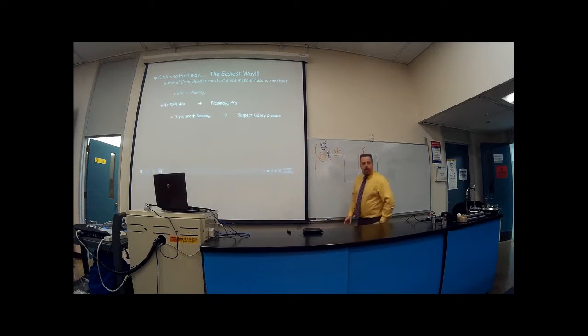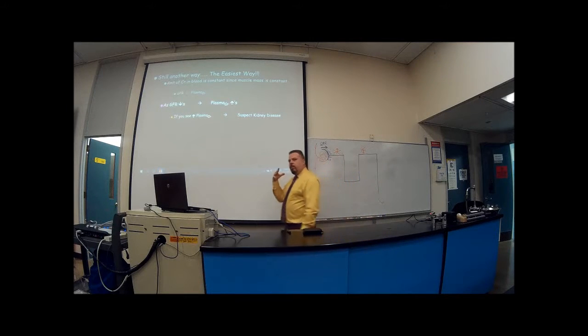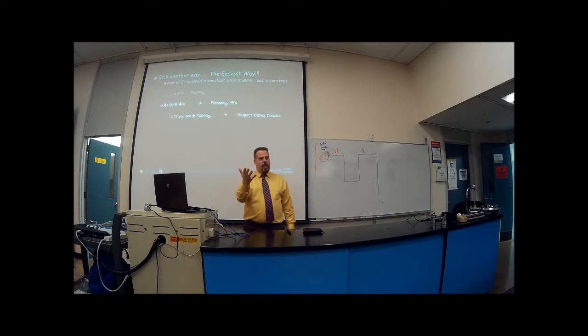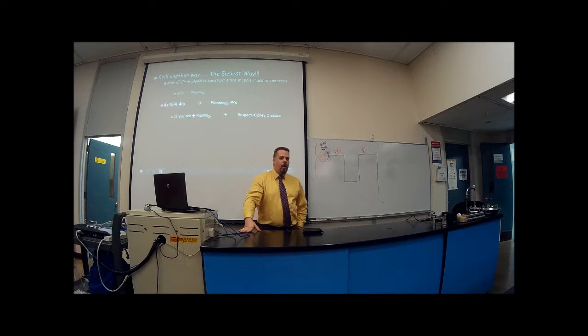So if you think about this, if there's some sort of decrease in GFR, right? If there's going to be a slower rate of this going through here, then there's going to be a lot more creatinine up here. Does that make sense? It should. So if a person has a lot of creatinine in their blood, I could say that they have something wrong with their GFR, which means they have some form of kidney disease.